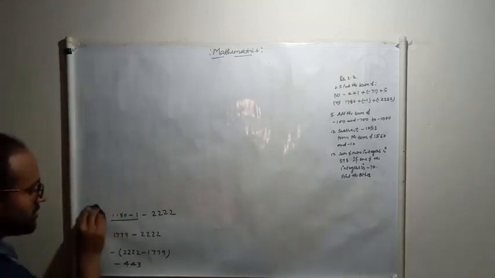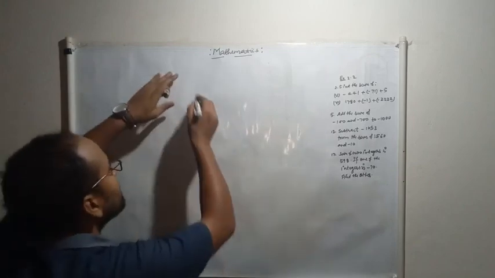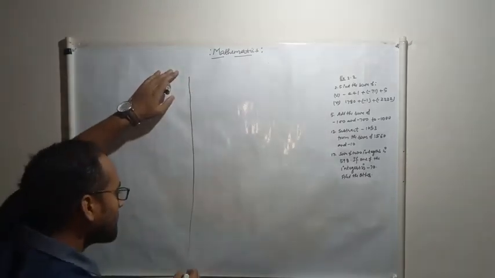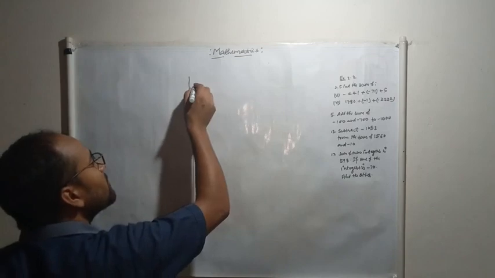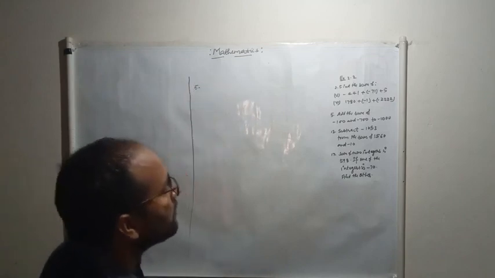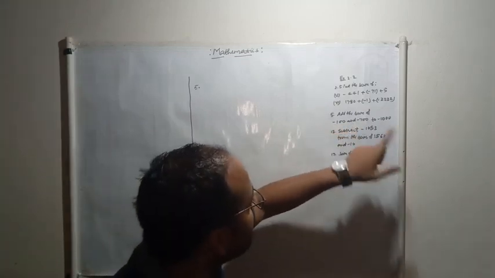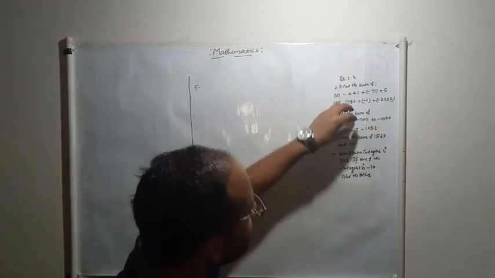Next question is question number 5th. Students, add the sum. I am going to discuss it here. Find the sum of minus 100 and minus 700, and then add the sum of this one to minus 1000.